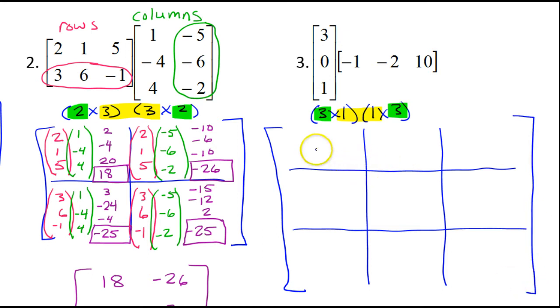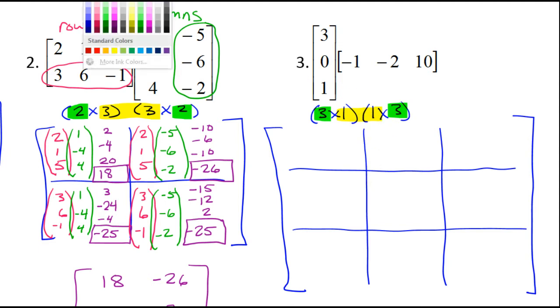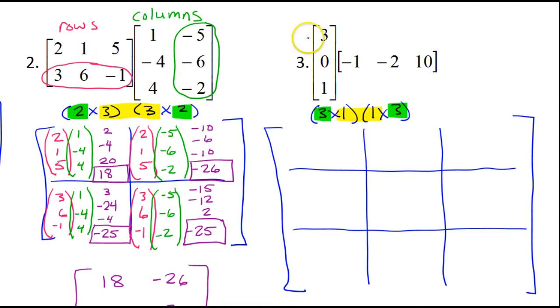Okay, so let's go. Remember, as I multiply, I'm going to be multiplying rows by columns. All my rows are going to come from the first matrix, and all my columns are going to come from the second matrix.